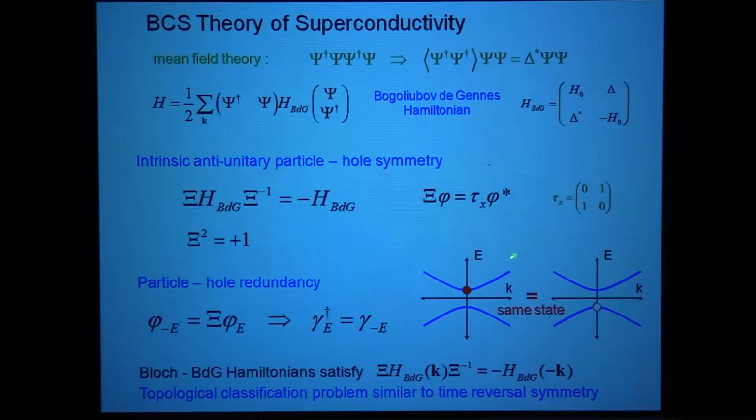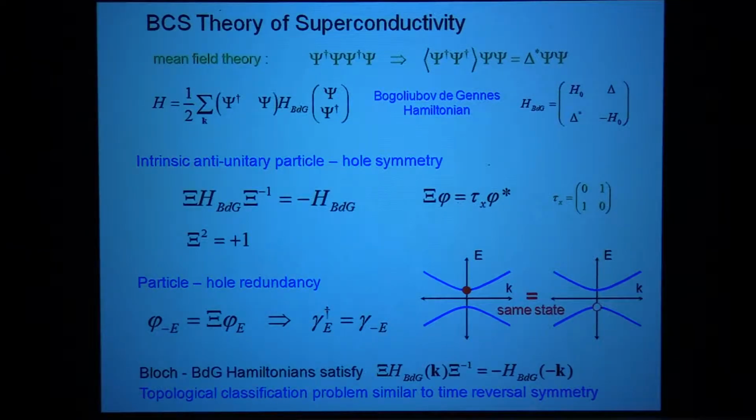I can imagine adding an electron into the conduction band, or I can imagine removing an electron from the valence band. In an insulator, those are two different states. In fact, they have different numbers of particles. But in a superconductor, these are actually the same state, and the reason they look different is because we introduced this artificial doubling.